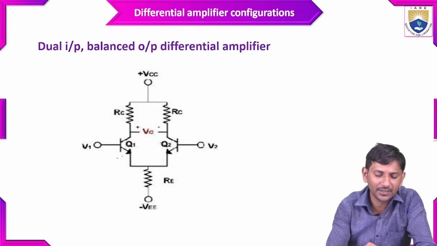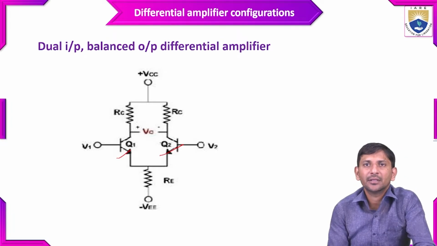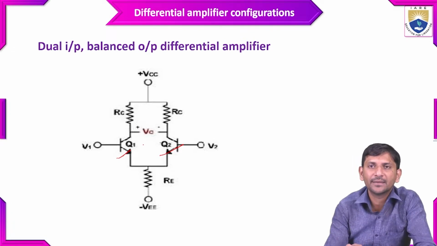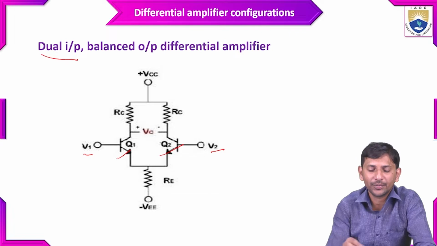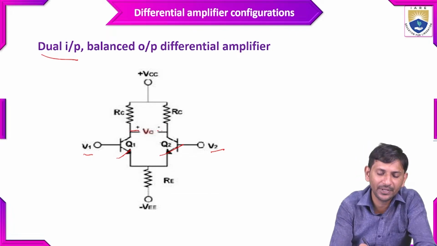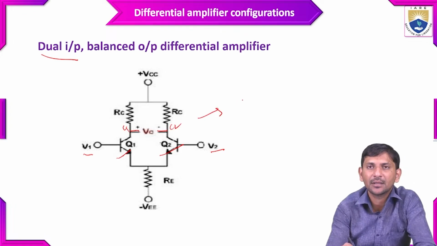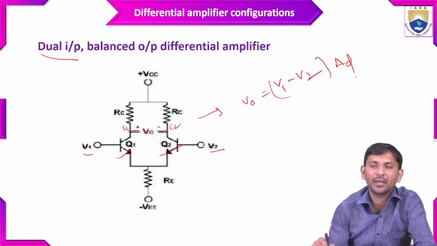Here we consider Q1 and Q2 as matched transistors, with the same characteristics, to give the two inputs. Dual inputs V1 and V2 with a balanced output. The output will be the difference across the collector pins of Q1 and Q2, given as V1 minus V2 along with the amplifier gain AD.